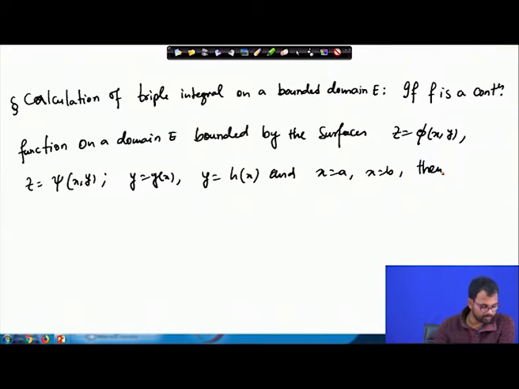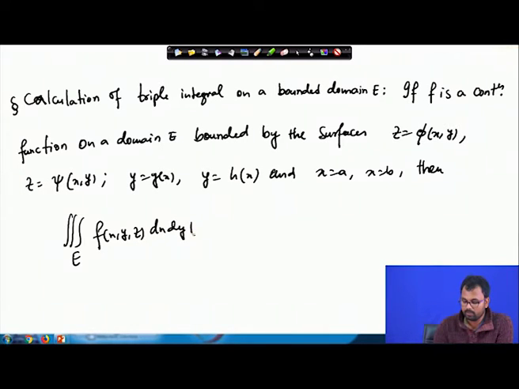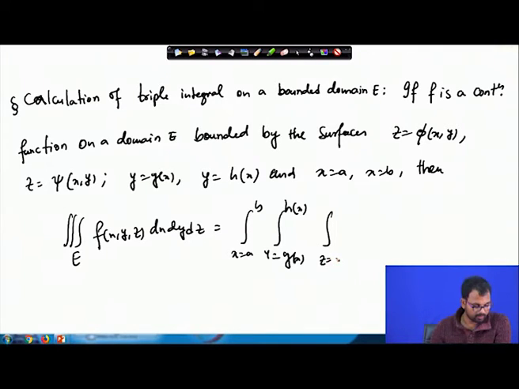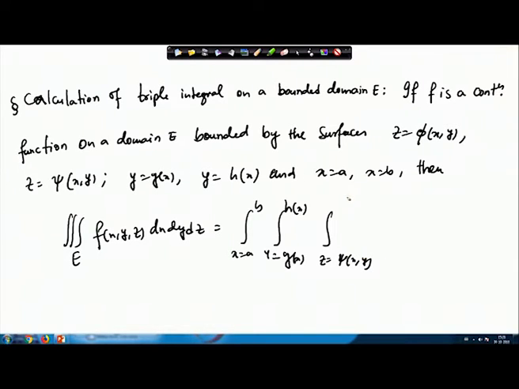Then our triple integral over the region E of f(x,y,z) dx dy dz will be the integral with x running from a to b, y running from g(x) to h(x), and z running from psi(x,y) to phi(x,y) of f(x,y,z) dz dy dx.